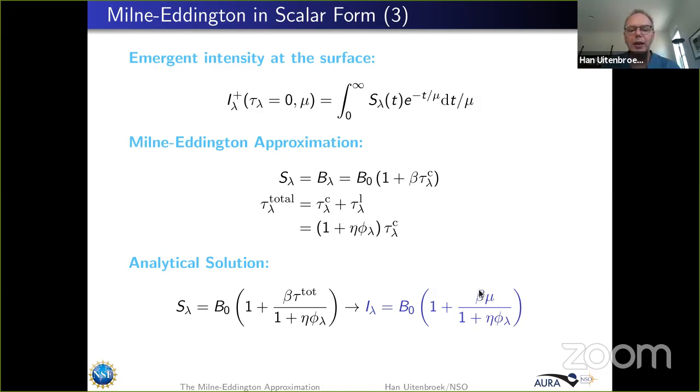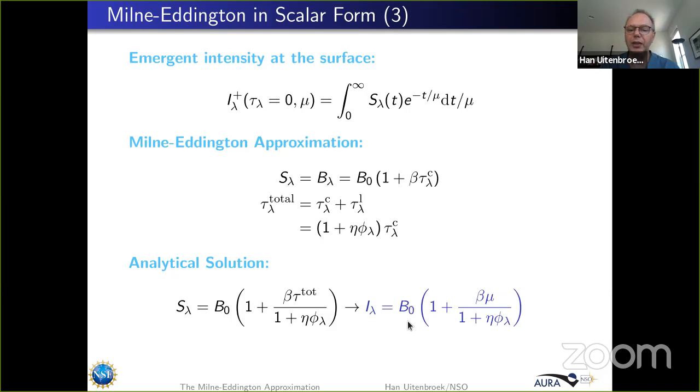Well, in the theory, B0 is just a number, and it is not derived from anything. So when you derive from your observations a value for B0, you have to understand what that means. It is not just anything. It is really a value that is related to the physics. And you can derive from it, via the Planck function and the wavelength at which you observe, a temperature at the line formation height.